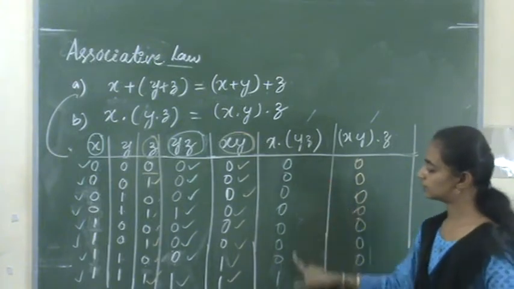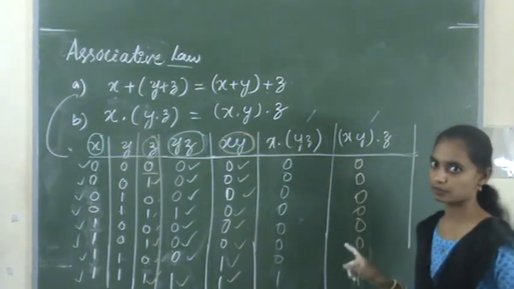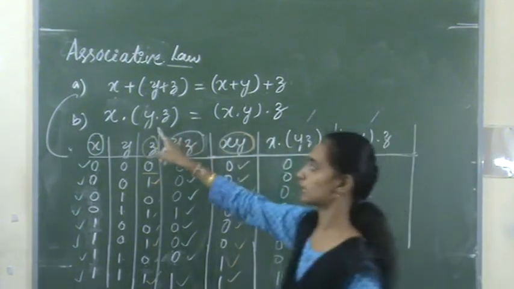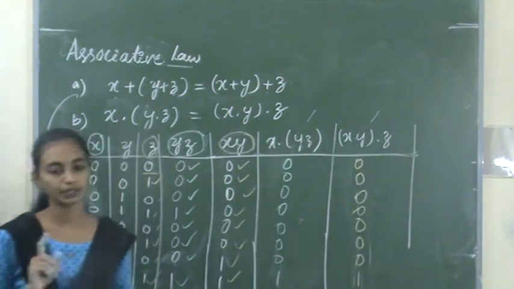See, we get both the results are the same. So hence we can prove that x into yz is equal to xy into z.